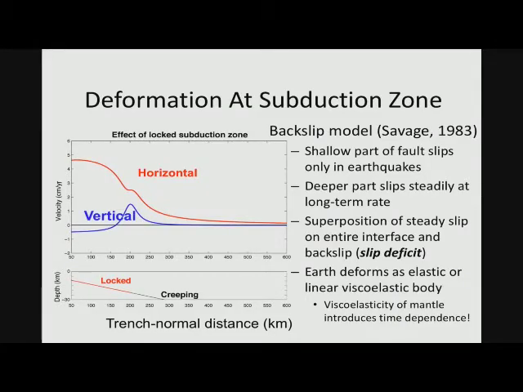Okay, to tie in a little bit with some of the things that Jeff said, remember he showed you this slide from his presentation. This is just a model of a locked subduction zone, and he mentioned that this is the vertical GPS that you'd expect.